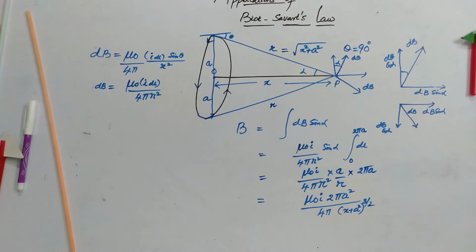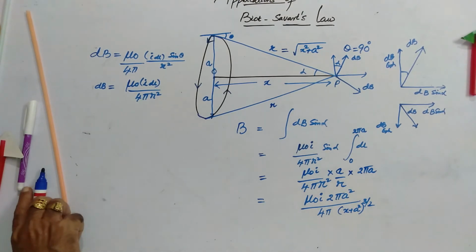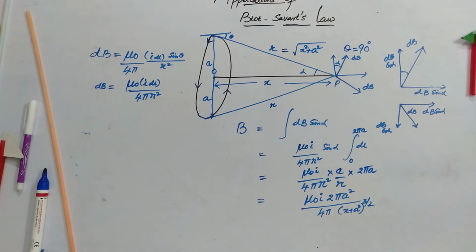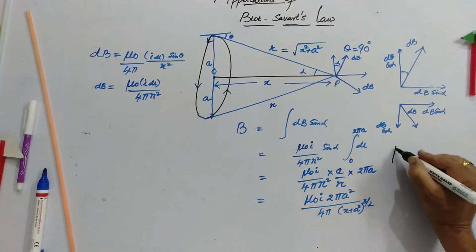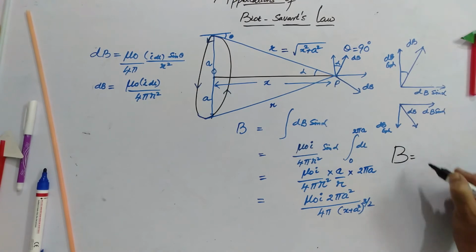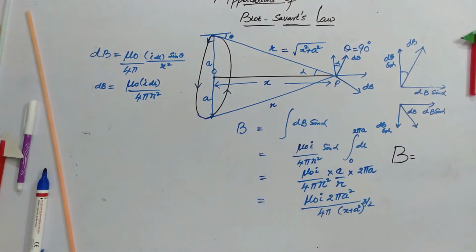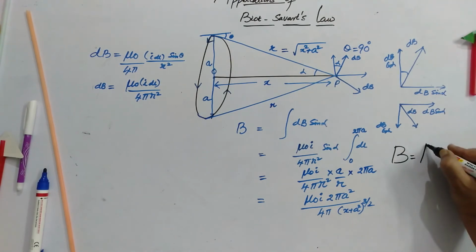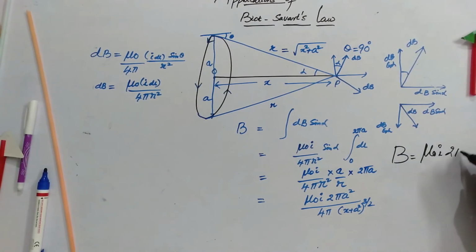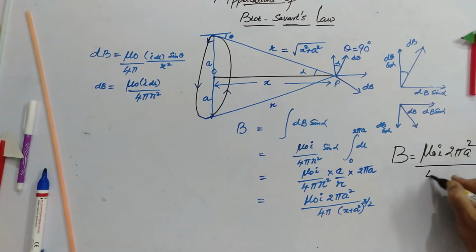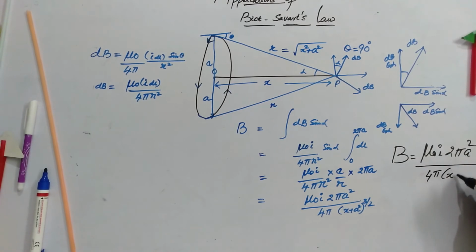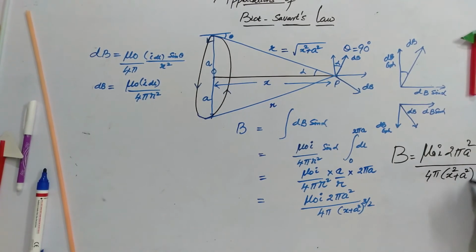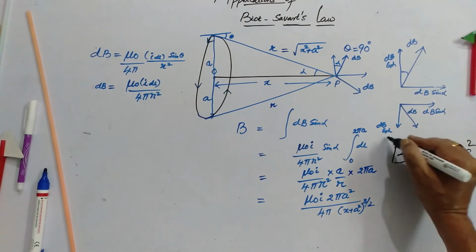Therefore, this is the final form to calculate the magnetic field at any point on the axis of a circular coil at a distance x: mu naught I 2 pi a square by 4 pi times x square plus a square to the power of 3 by 2.